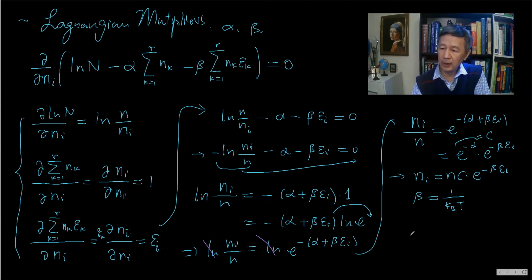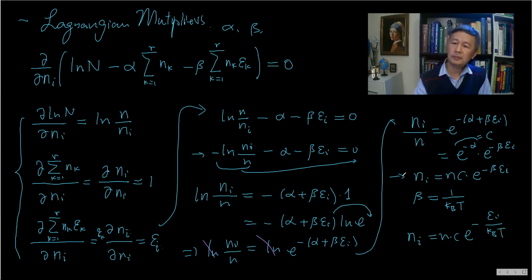So therefore, we got this result: ni equals n multiplied by a constant, times the exponential function of negative epsilon i over kBT. That is the famous Boltzmann distribution law.